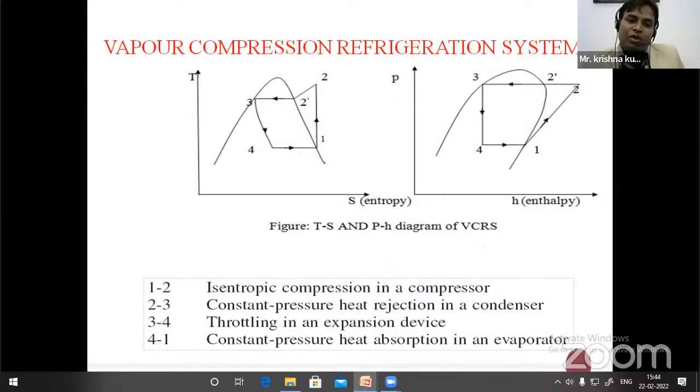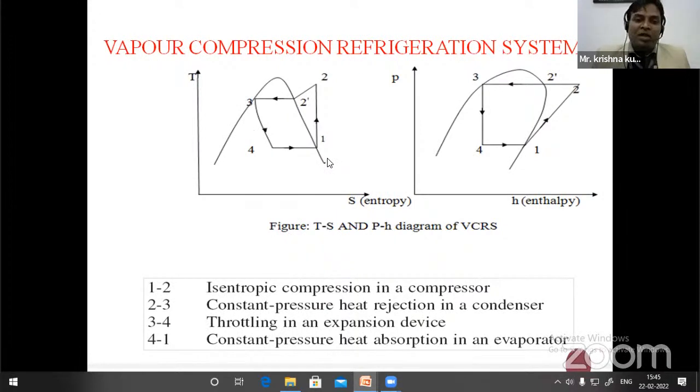Then if we talk about the vapor compression refrigeration system over the TS diagram. Okay, so the PS diagram we have already discussed, I think. A similar pattern you can explain or have on the TS diagram, because when we are talking about cooling, the temperature also should be represented. Actually here we can represent the pressure, but on the TS diagram, we can represent the temperature also.